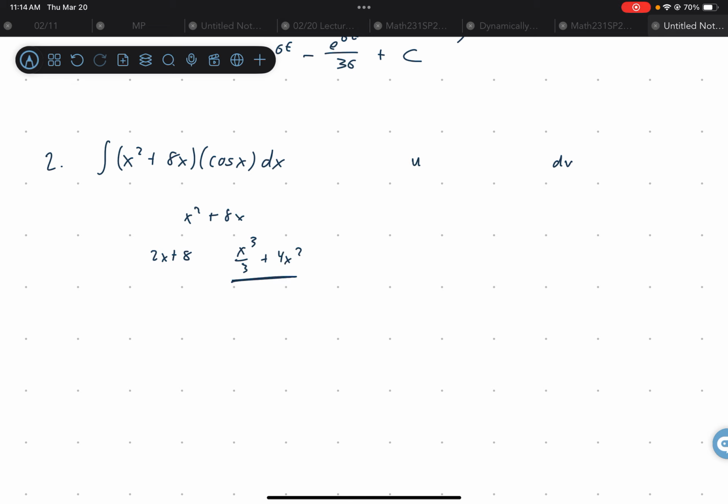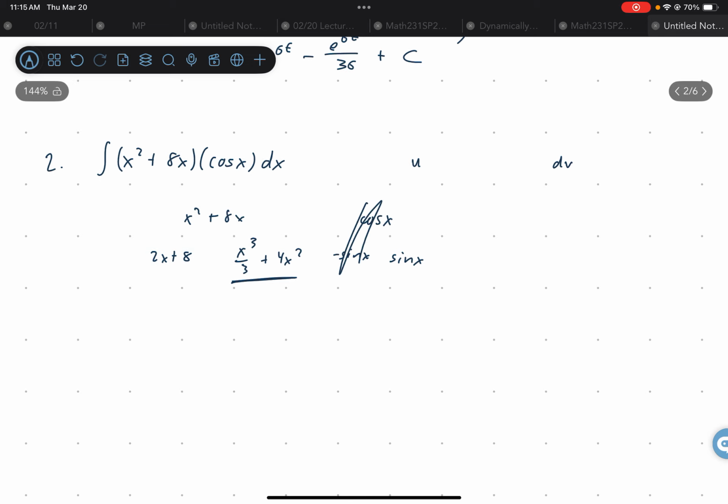Very much more complex to find the antiderivative. Cosine, we know it's either going to be negative sine x or sine x, right? So don't really consider this because the complexity is basically the same.